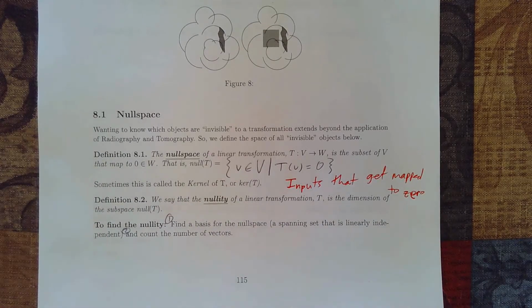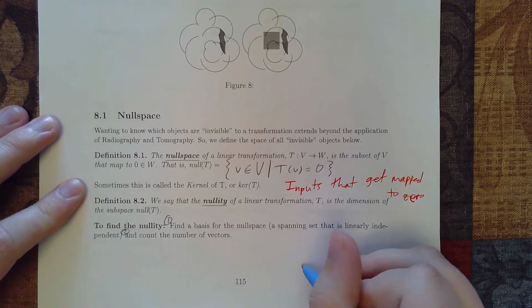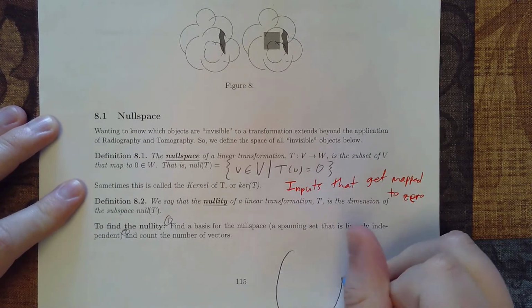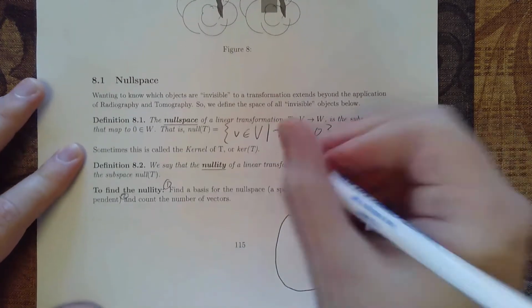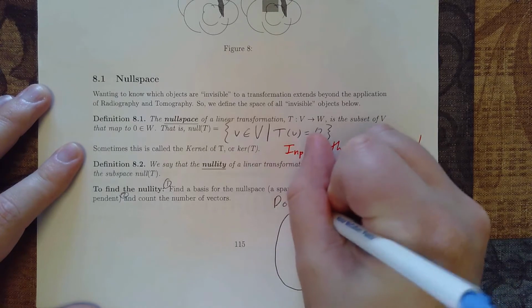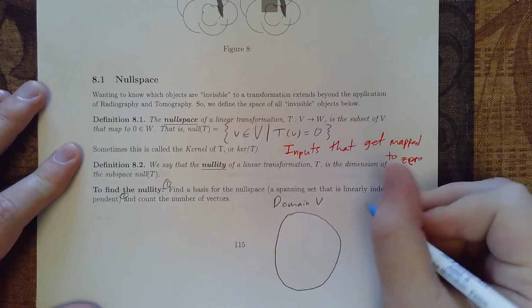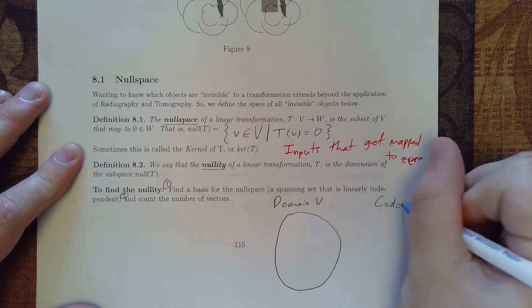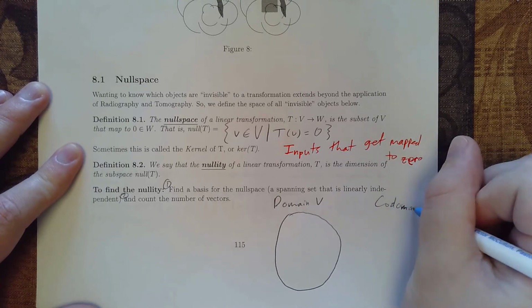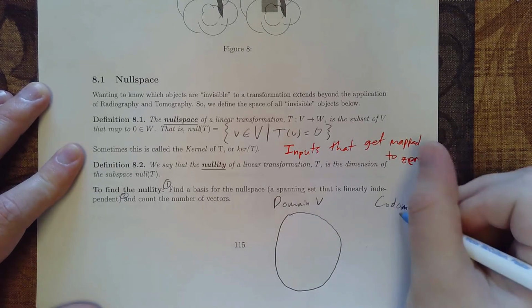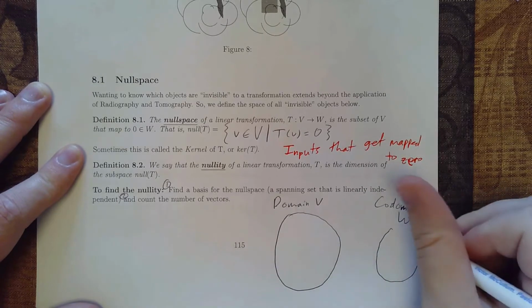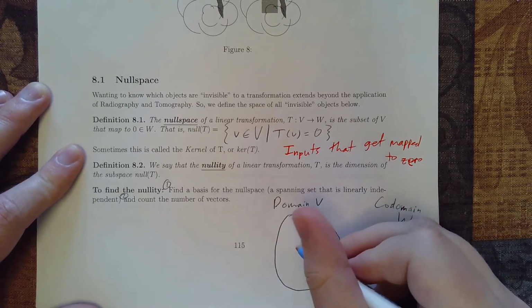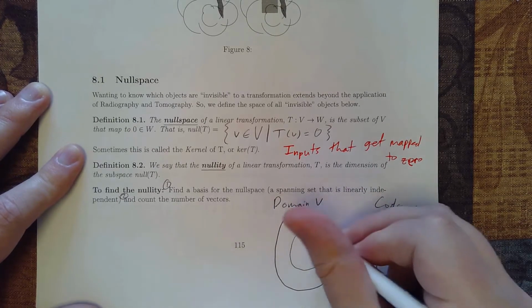So here's the main idea. We've got some sort of domain V that we're looking at, and we have our codomain W, and what we want to do is go from our domain to our codomain.